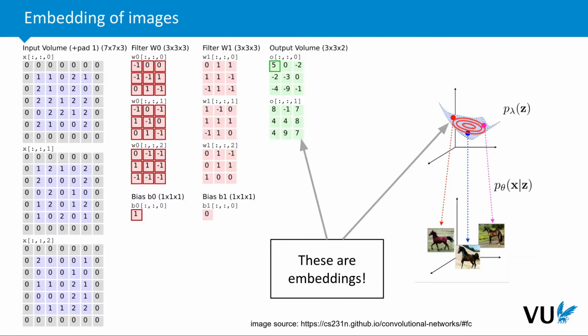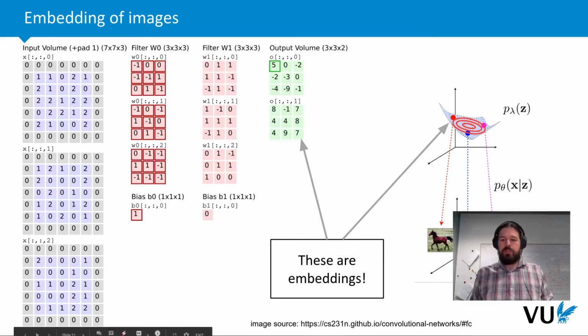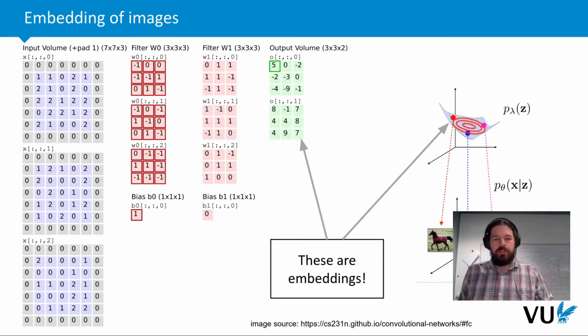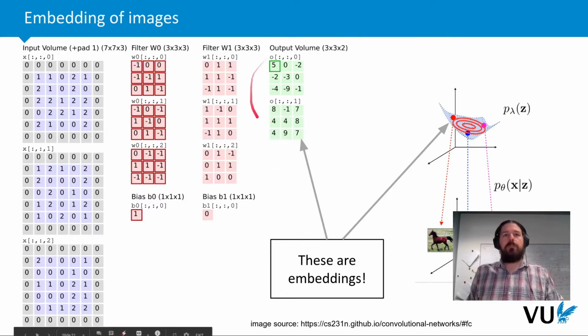If we first look at the example there on the left, there was an input image, then we had the filters of the convolutional layer, and we have an output here, right?